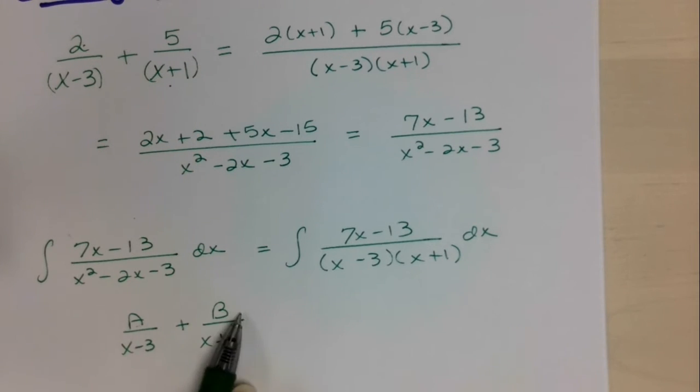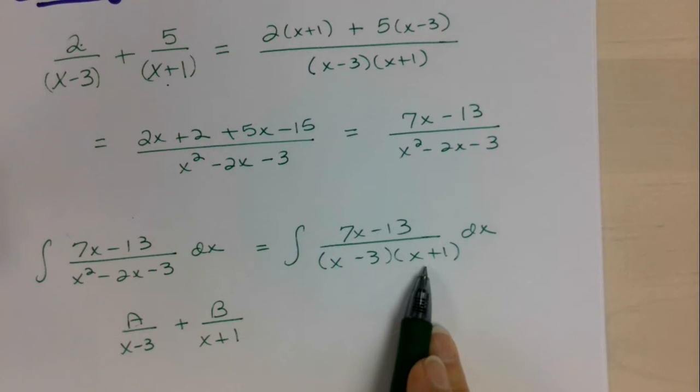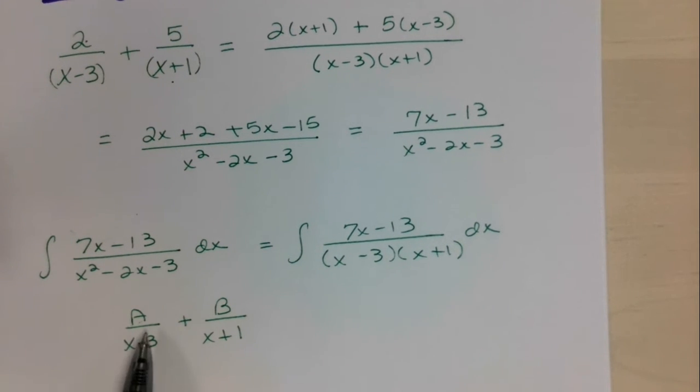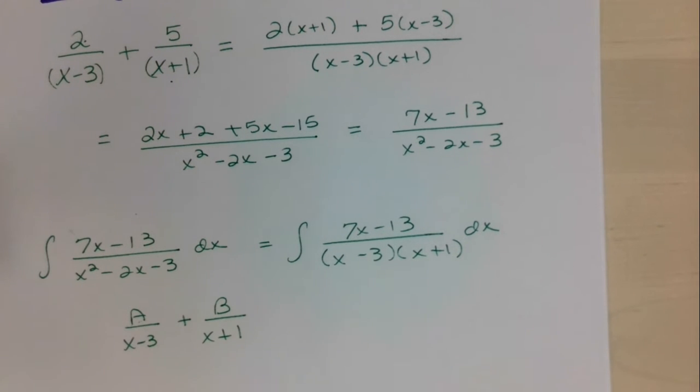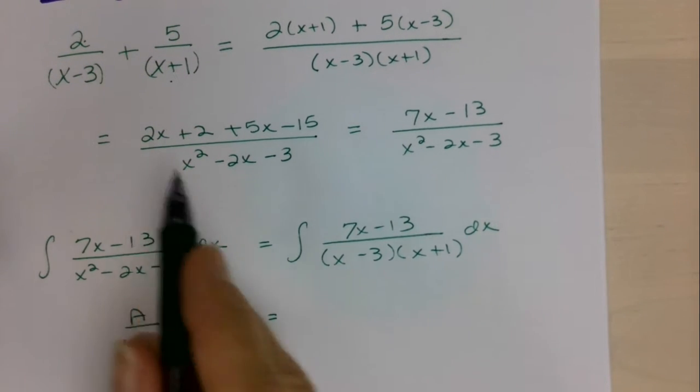I know that there's some numbers that would make this true because I have this denominator, x minus 3 times x plus 1. We could split it up into two fractions. So what I need to do is figure out what numbers go here so that if I added these together, I would end up with 7x minus 13. So what we're going to do is add these two rational expressions together, same way I did previously.